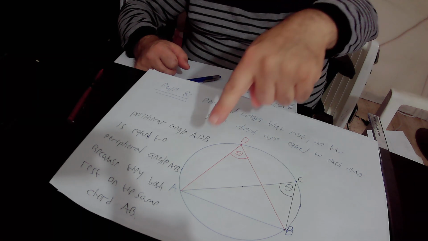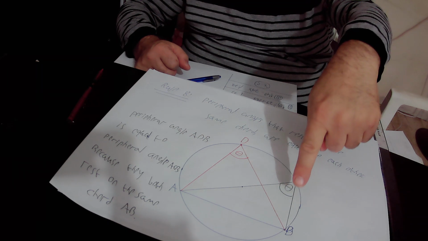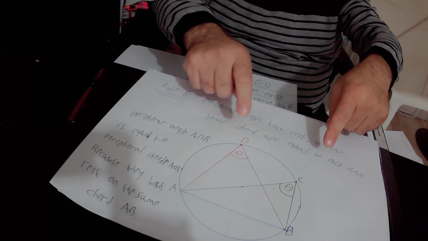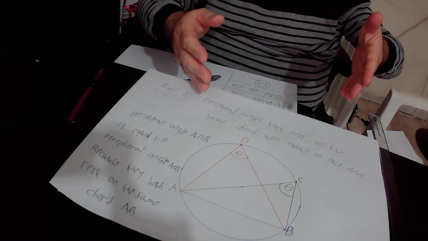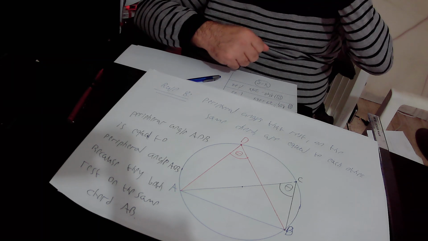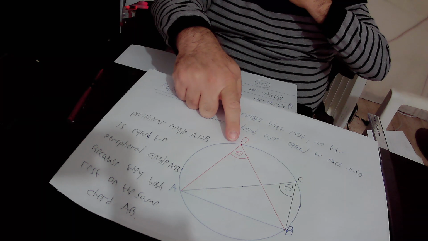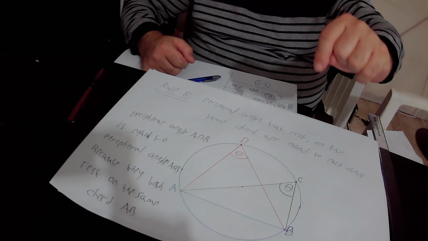And we also have peripheral angle ACB that rests on the same chord AB. Because those two peripheral angles rest on the same chord, they must be equal to each other. So if peripheral angle ADB equals theta, then peripheral angle ACB must also be equal to theta.